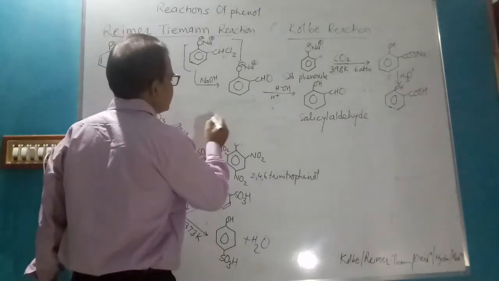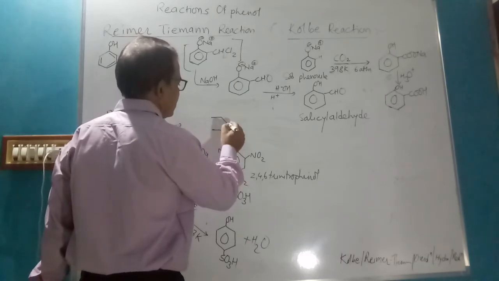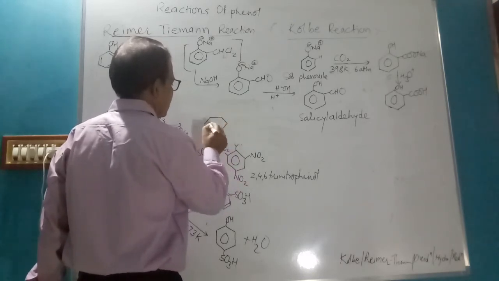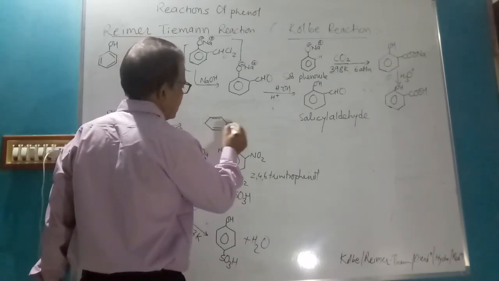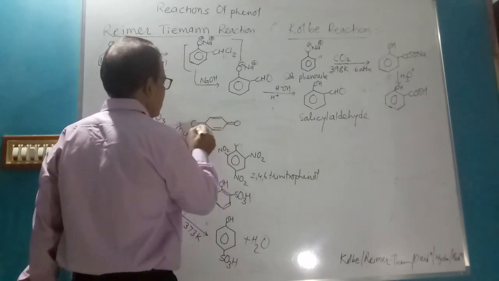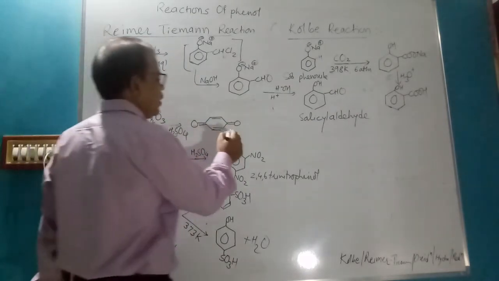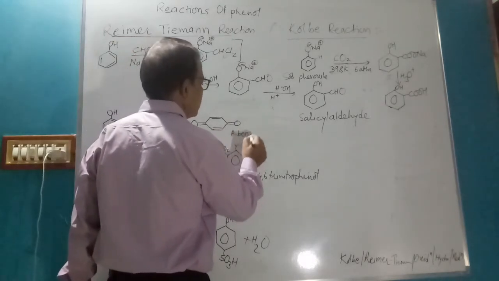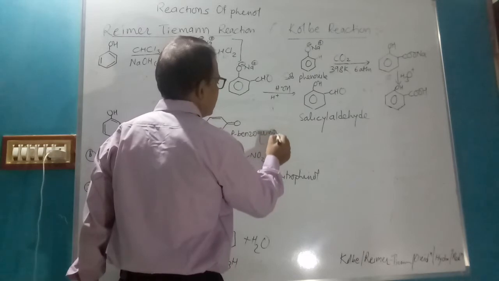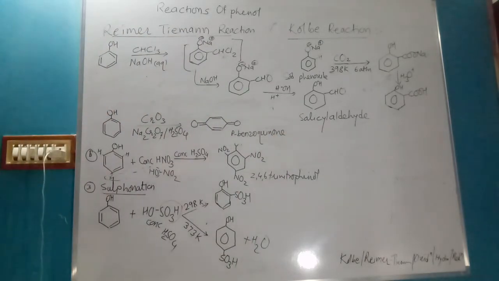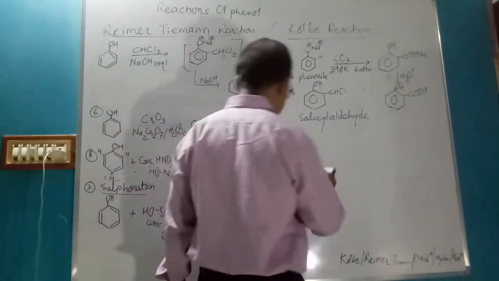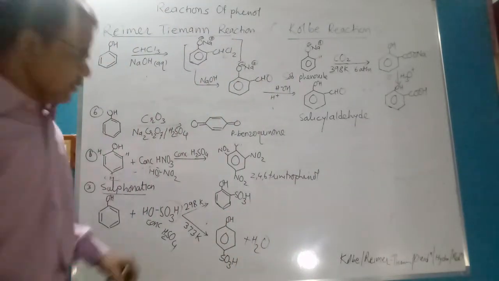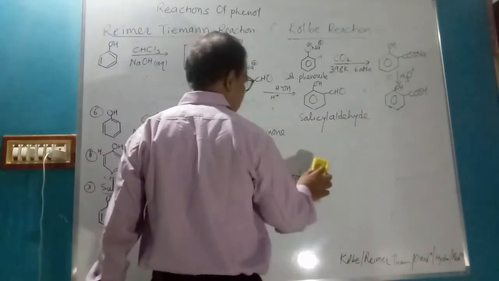It gives para-benzoquinone. So this is oxidation of phenol. That is reaction number 6. Then reaction number 7, that is catalytic hydrogenation.